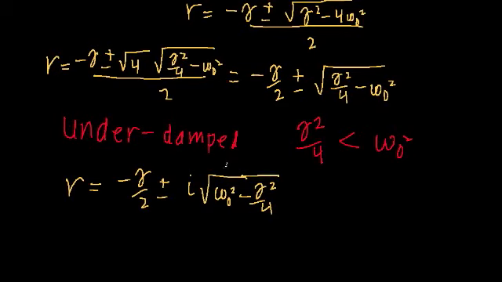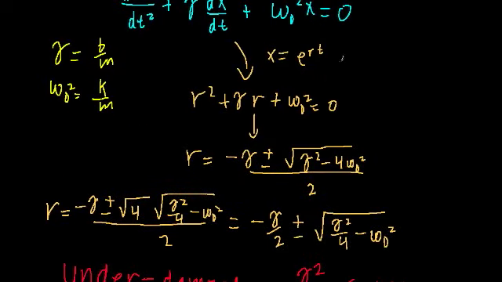And now we know that this is greater than this, so this is a legal square root, we can say. And since omega naught squared and gamma are just constants, this whole entire thing is just one messy constant. So we found our two values of r. Negative gamma over 2 plus this messy constant, and negative gamma over 2 minus this messy constant.